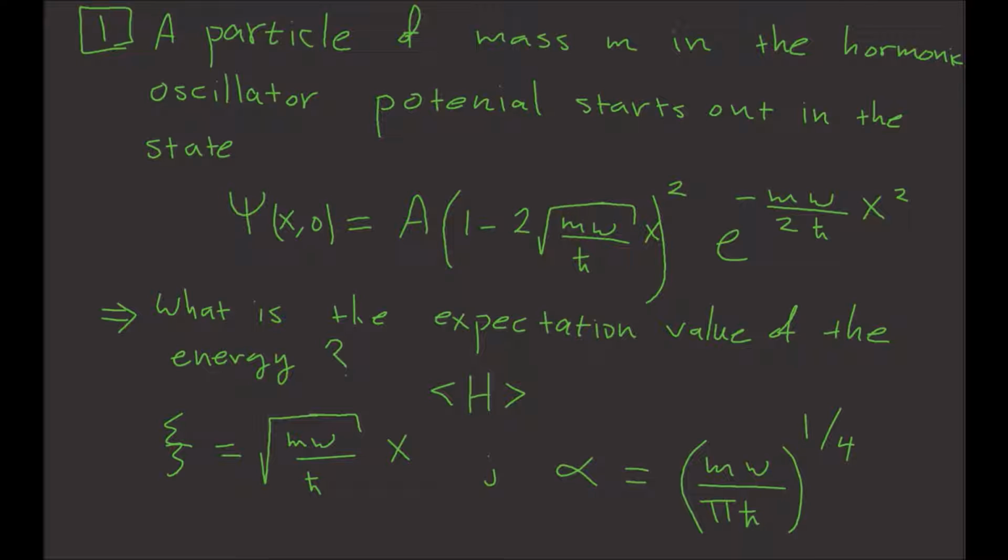With this in mind, let's rewrite our wave function in terms of squiggly and alpha. So we have psi of x and 0 is made out of A times 1 minus 2 squiggly, squared, times e to the minus squiggly square over 2.